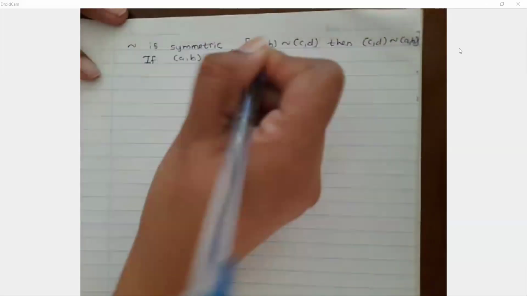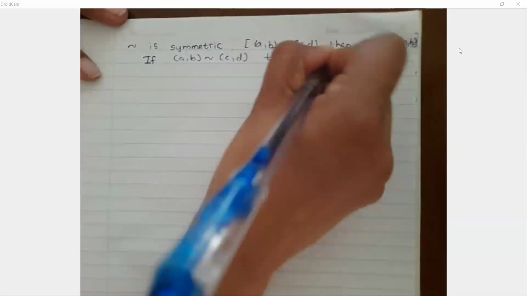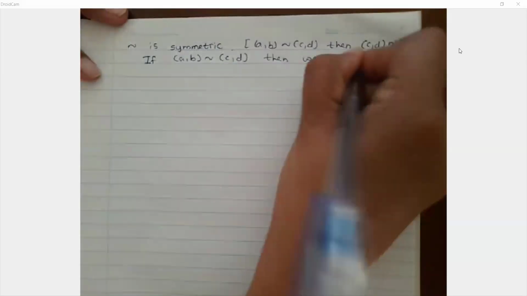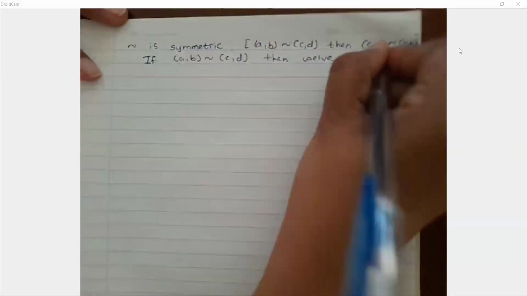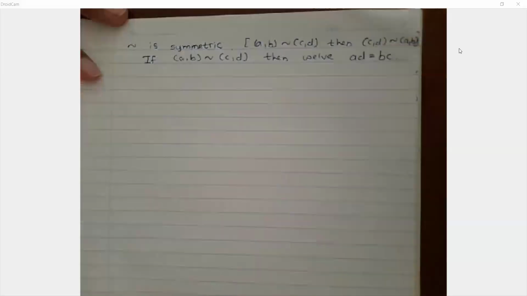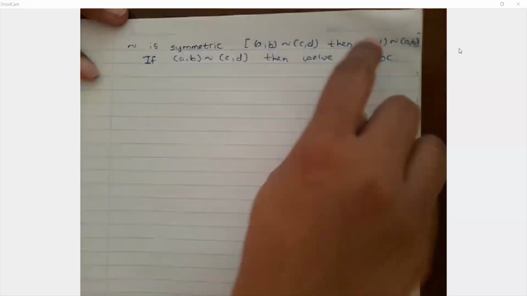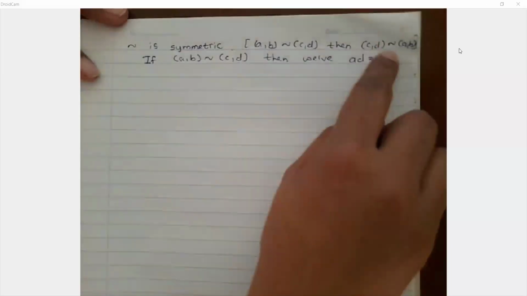If (A, B) is equivalent to (C, D), then by definition of this equivalence relation, we have AD equal to BC. Now, with this information, we want to show that (C, D) is equivalent to (A, B).